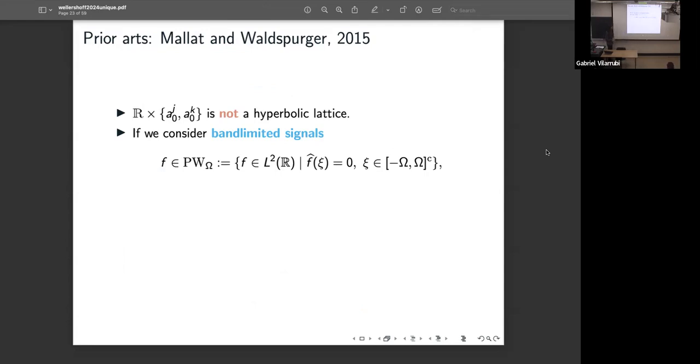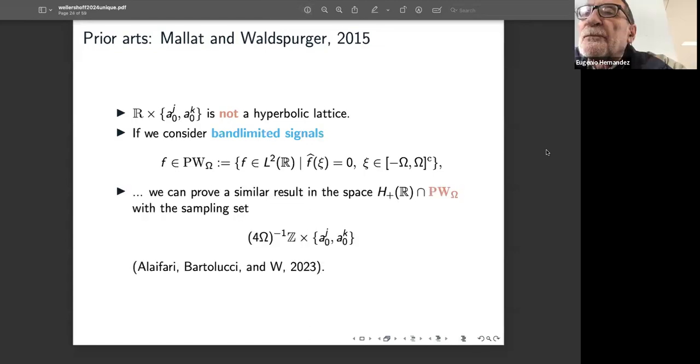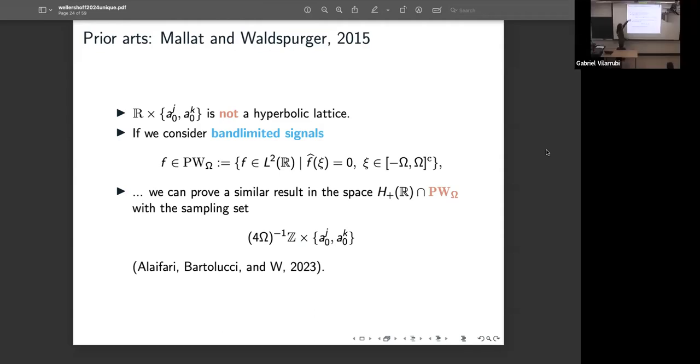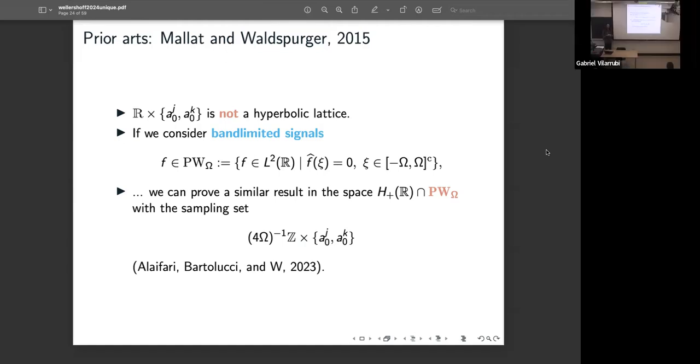Once you do that, you can use a sampling theorem and say that this uniqueness extends to sets of this form, which now are discrete, and these sets are also contained in hyperbolic lattices. So you can go around this way, but you're really getting a corollary of something that's already there, and we're going to take a different approach.